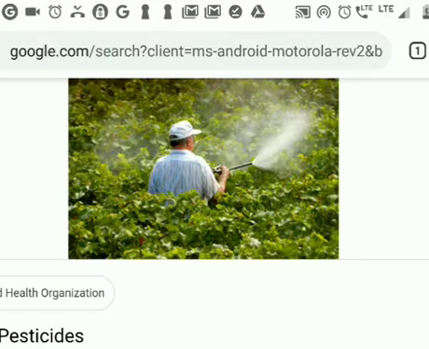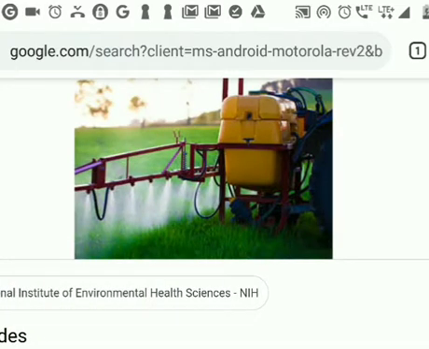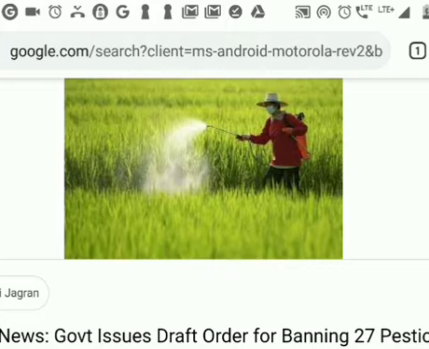Some organisms specifically attack and damage the crop. These organisms are known as pests. They may include rats, larval stages of some insects, and termites. Chemicals are sprayed on the crop to kill such pests.